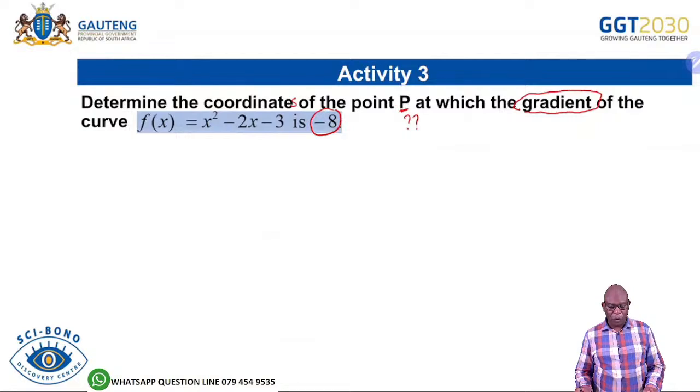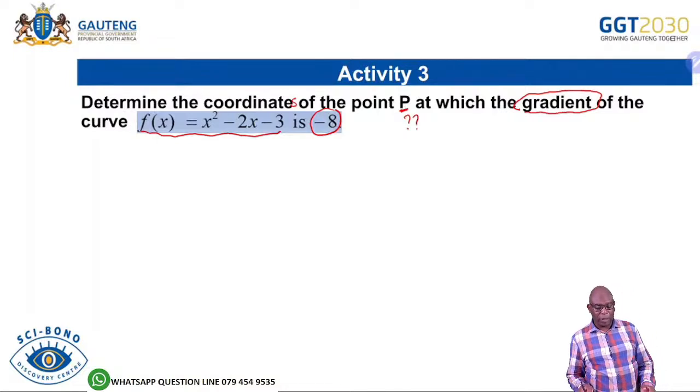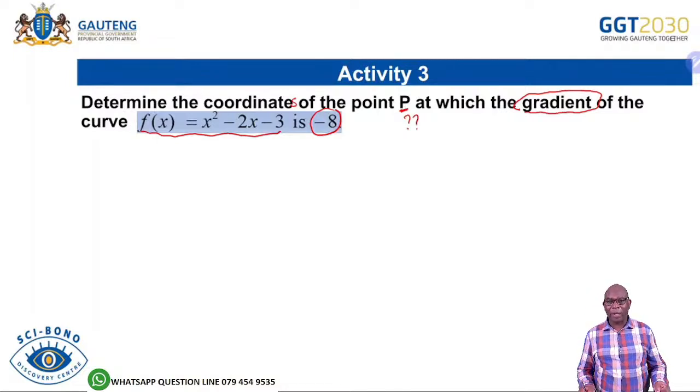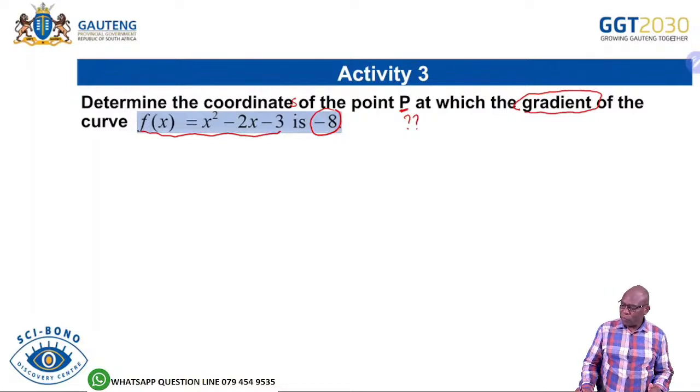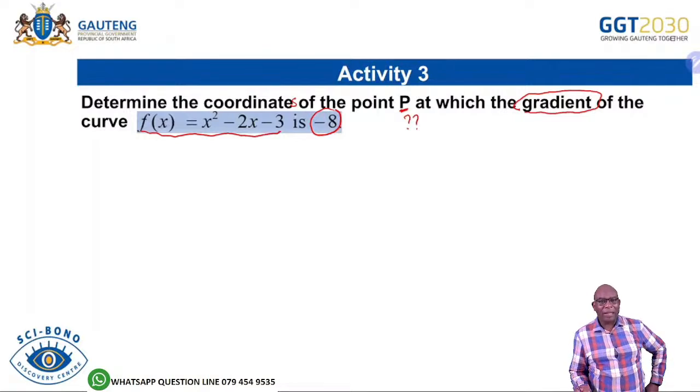You are given the equation of the curve, x squared minus 2x minus 3, but you are told that the gradient at that particular point is negative 8. So we need to get the point. That's what is missing.